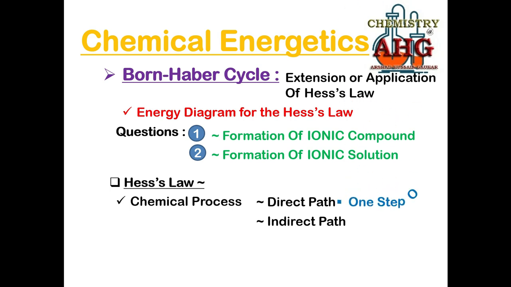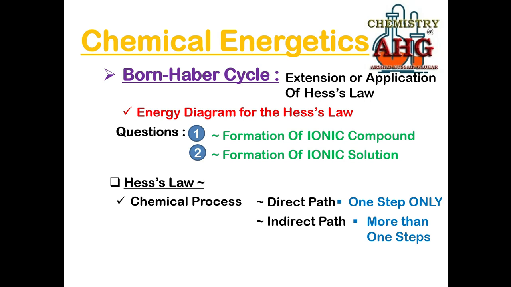And whenever a process is completed using more than one step, it is known as indirect path. This is one most important piece of information that we always remember from Hess's law, that every chemical process can involve two different paths, direct path and indirect path.